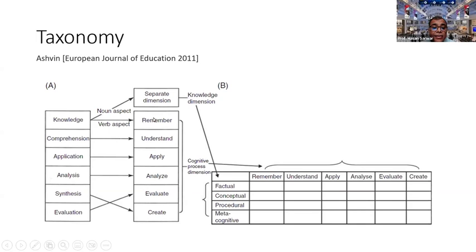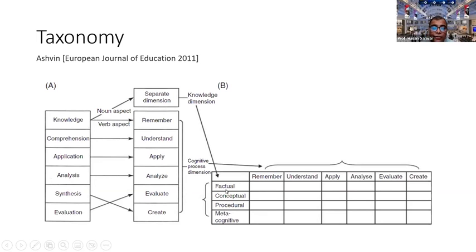So these 6 dimensions are put here, and knowledge has been separated. One is the verb aspect and one is the noun aspect. The noun aspect is the knowledge dimension. It has been put in the horizontal axis, I mean the vertical axis.